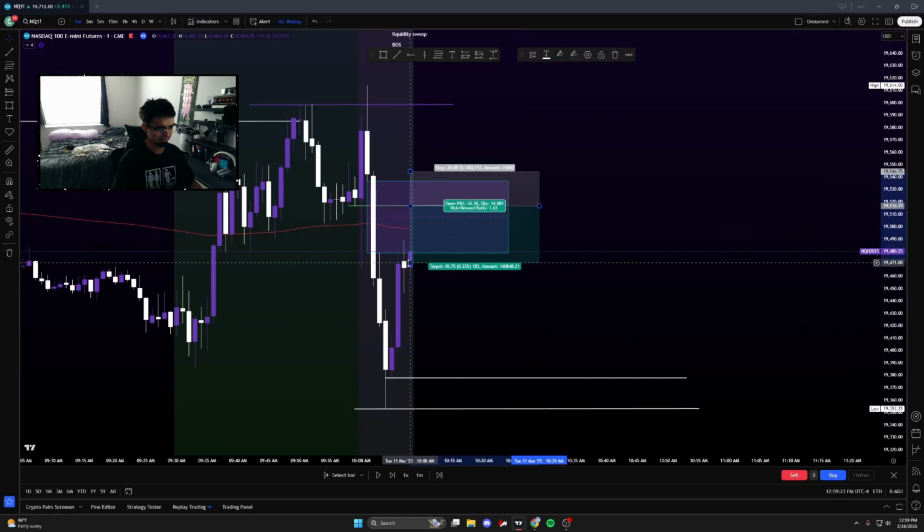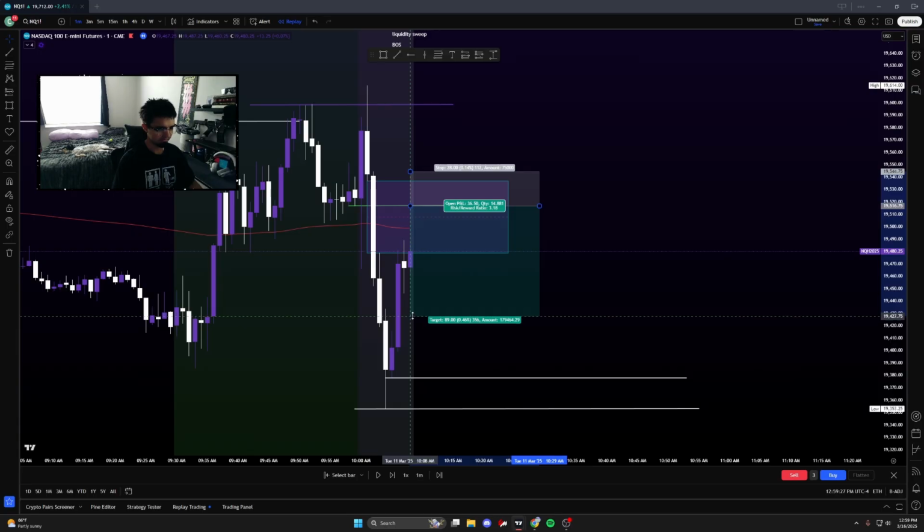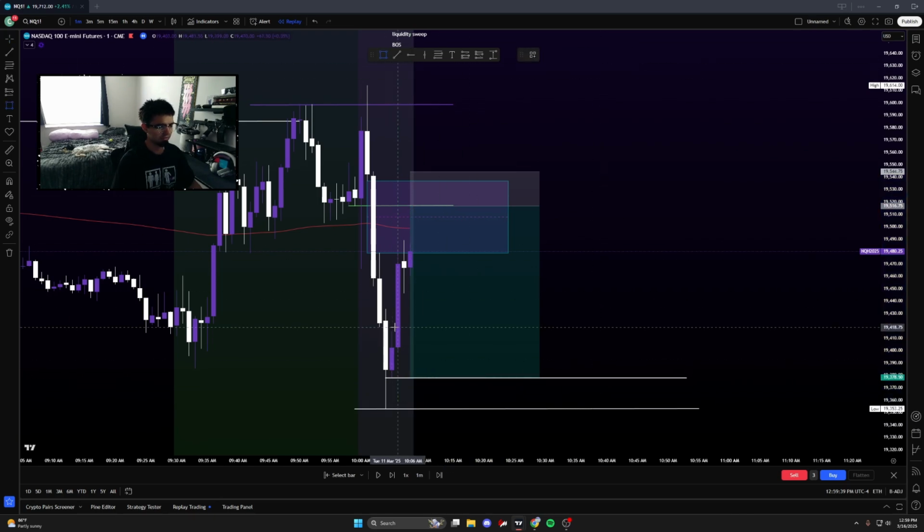So our trade would look something like this. We're going to target this low down here or target a 3R. I like to target a 3R because 9 times out of 10 it hits that. It doesn't always seek out the lowest level of liquidity from what I've learned. So that's why I don't always target a low level of liquidity.